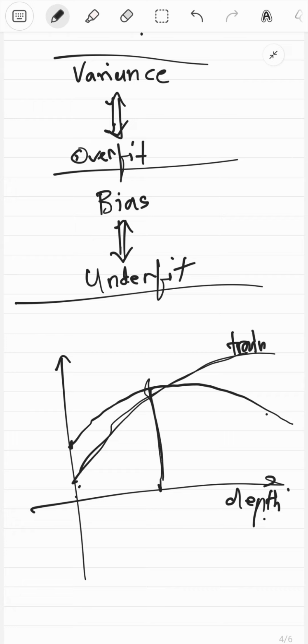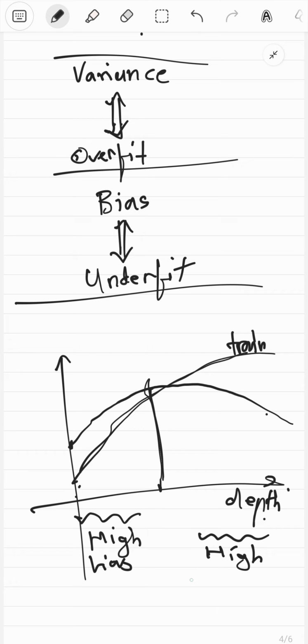Yeah, so this part is called high bias, right? So in case of decision trees it's easy to see why it's called high bias, because you're just making one or two decisions, so you're completely biased over some particular feature, right? You're not thinking much. But this is called a high variance case, as in you can't make a good decision because you're thinking too much, right?